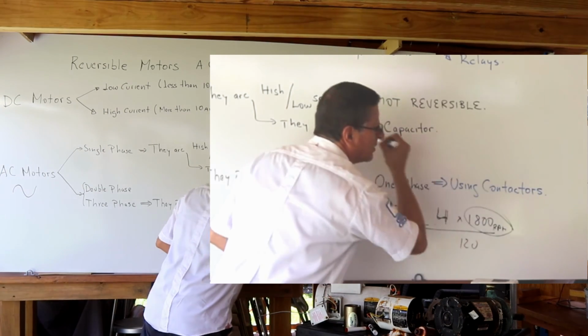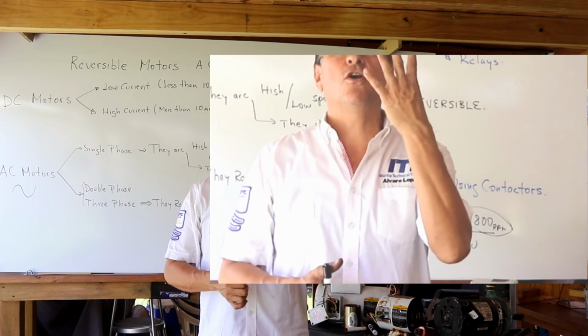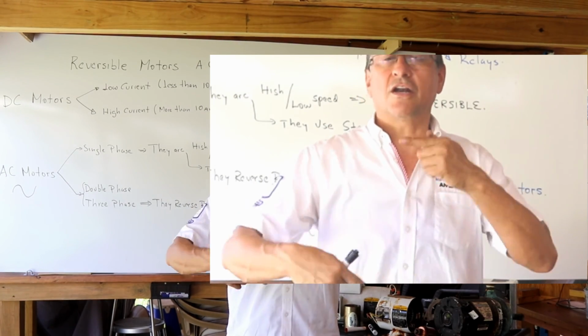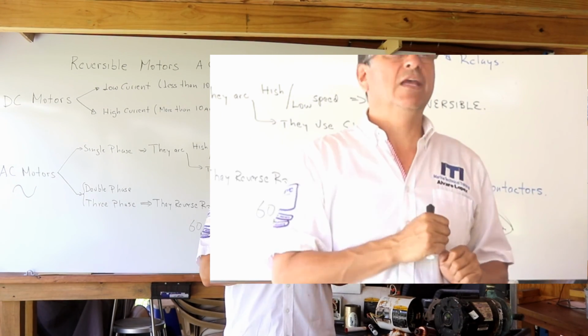So in order to produce American power with a generator with 4 poles, I need to run the generator at 1800 RPMs constantly.